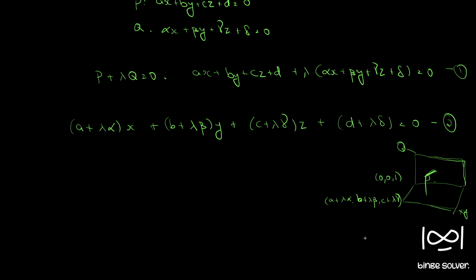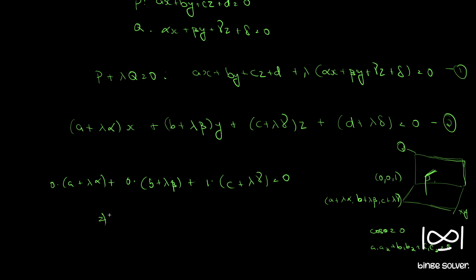So applying the condition that when two lines are perpendicular, the dot product of direction ratios is zero, we get 0 into (a + lambda alpha), plus 0 into (b + lambda beta), plus 1 into (c + lambda gamma) equal to 0.